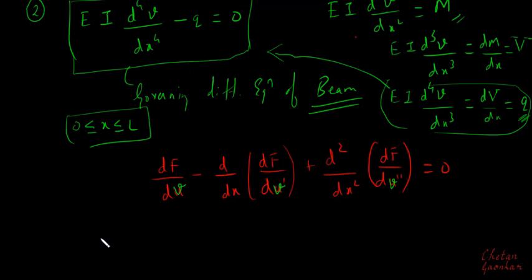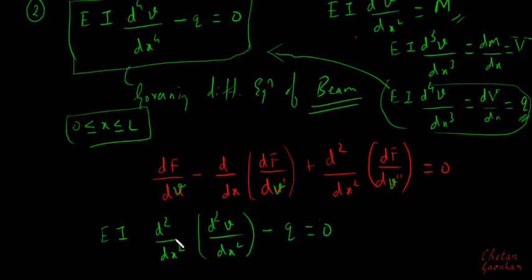So first let us rewrite the governing differential equation. We can rewrite it as d square by dx square of EI d square v by dx square minus q equal to 0. Now if I compare this with the Euler-Lagrange equation, this term has d square by dx square, which is similar to this term, and here there is no first derivative term.